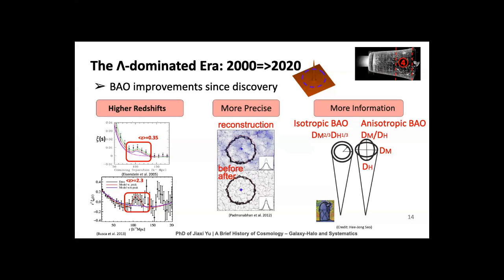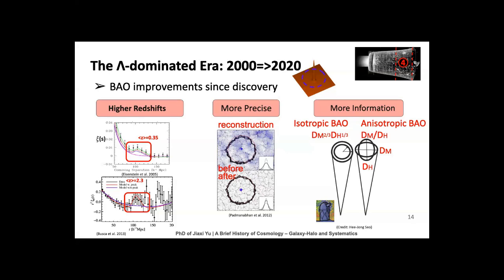You can measure it at low redshift, 0.3. There was the first measurement back in 2005. And you can measure up to redshift 2.3, in the quasar distribution on the sky. That was a measurement done in 2013, but there have been even better measurements later on. So you move from low redshift to high redshift.